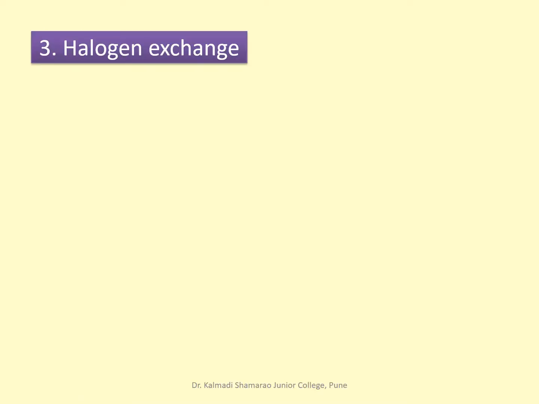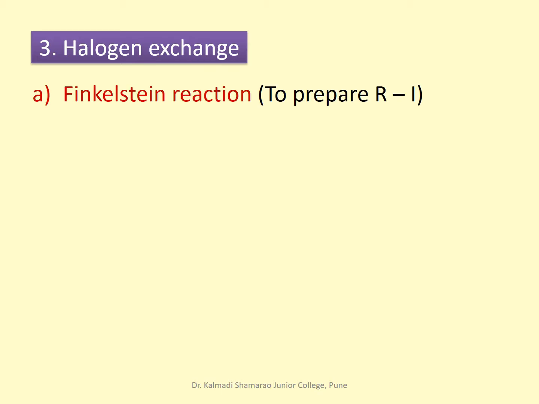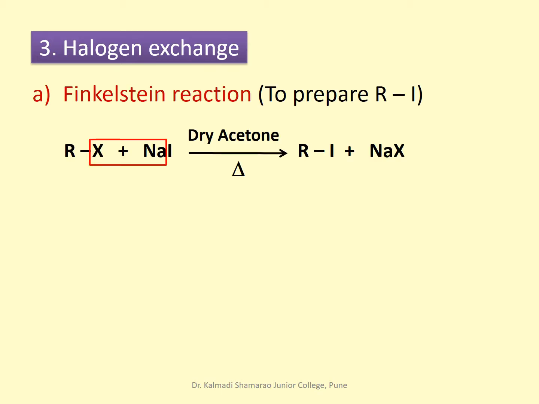The third method, halogen exchange, is used for the preparation of alkyl iodides and alkyl fluorides. Alkyl iodides are prepared conveniently by treating alkyl chlorides or bromides with sodium iodide in presence of methanol or acetone solution.